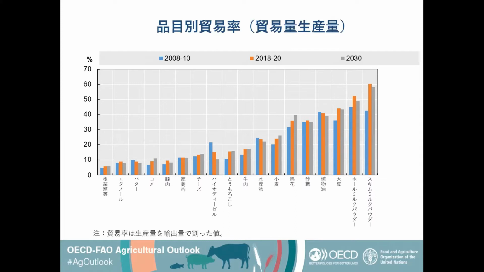So the powders are often produced so that you can actually trade dairy products. That's why they have a very high trade share. Looking at milk itself, it would be at the other end. Overall, only 8% of dairy production is traded, but that is then mostly made as powder, or as cheese and butter.